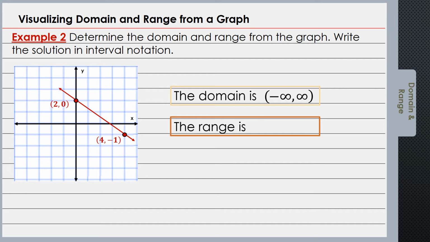Well, because you see an arrow, that indicates negative infinity. Now, as you travel up along the graph, what do you notice? At the top end of the graph, you see another arrow, which means it will continue to positive infinity. So that is your interval notation.